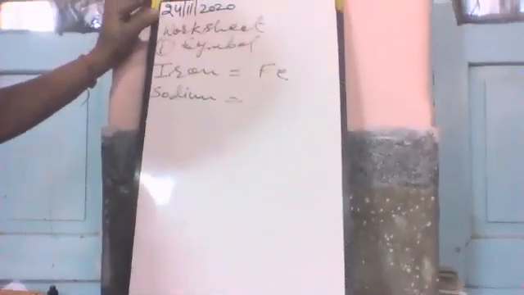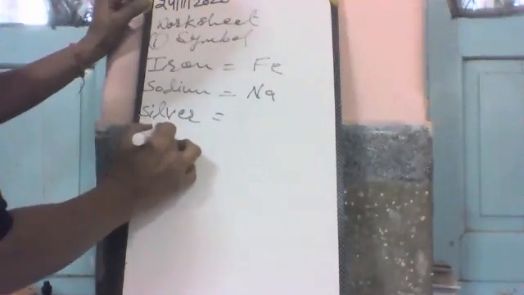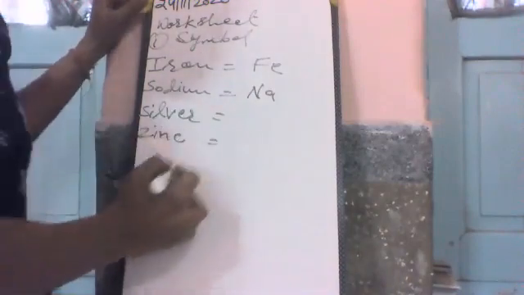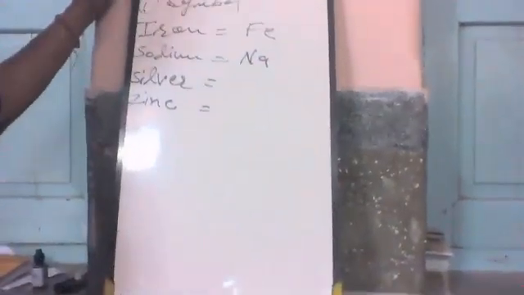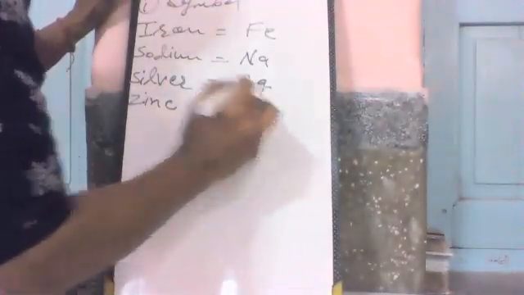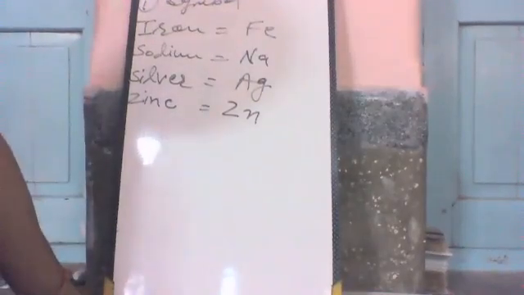Sodium is Na. Silver. Now tell me the symbol of silver. And zinc. The symbol of silver is Ag, and the symbol of zinc is Zn.